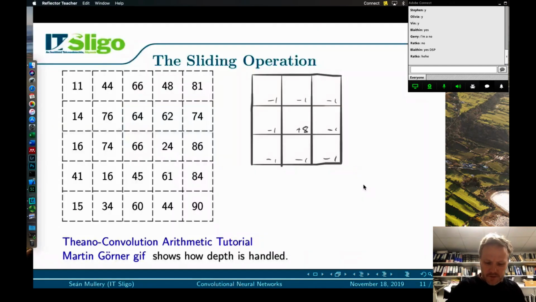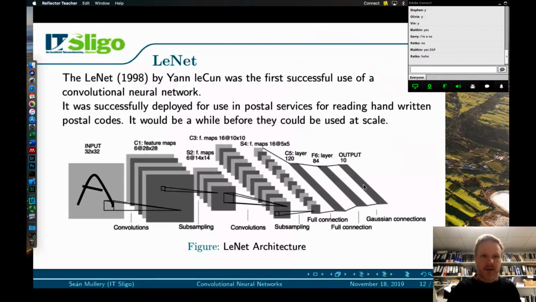Okay. So let's have a look at maybe some of the original networks that came out. His first one is called the LeNet. It's named after Yann LeCun, a very, very high profile guy in deep learning, mainly because he's done a lot of work in the area, but also because he's so famous for having introduced the idea of the convolutional neural network.